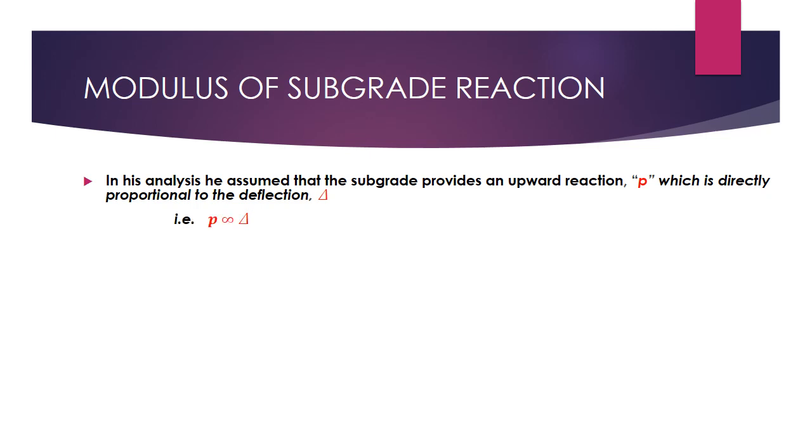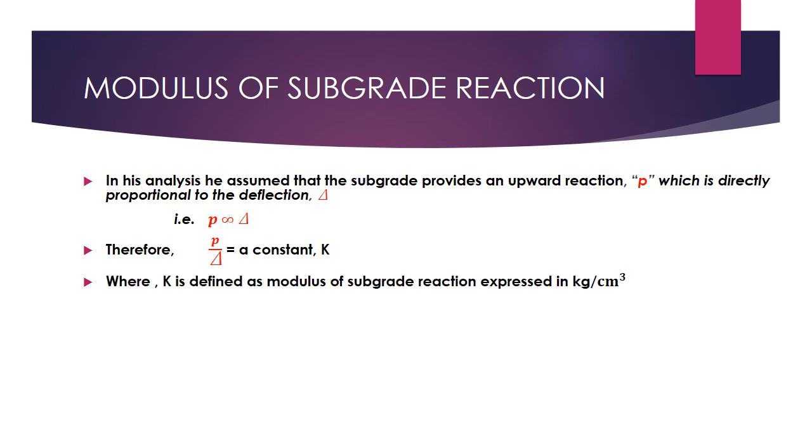That is, p is directly proportional to delta, or we can also say that p by delta is equal to a constant, which is K. Now K is our modulus of subgrade reaction, which is expressed in kilogram per centimeter cube and is given by a pressure in kg per centimeter square per centimeter deflection.